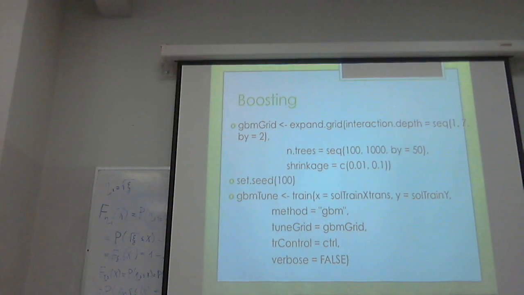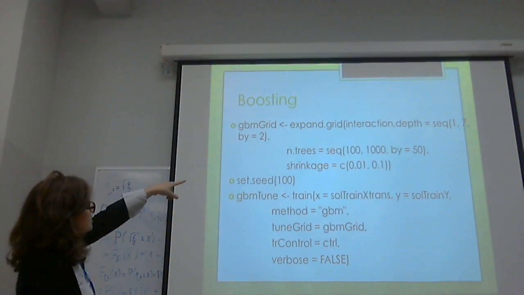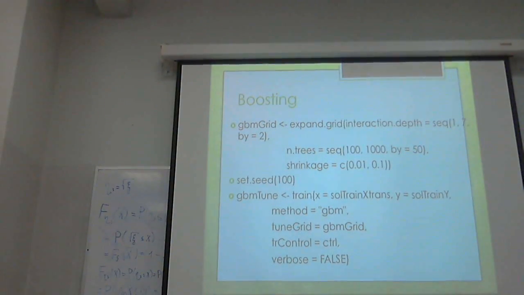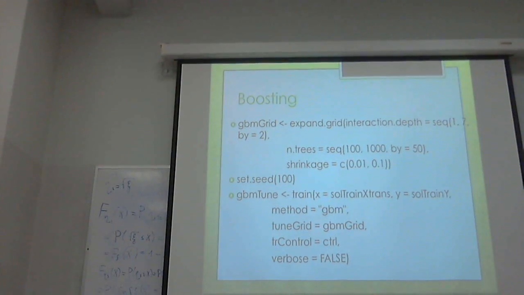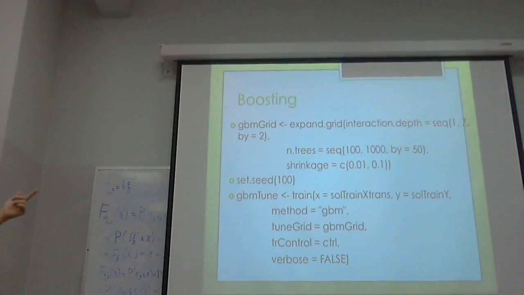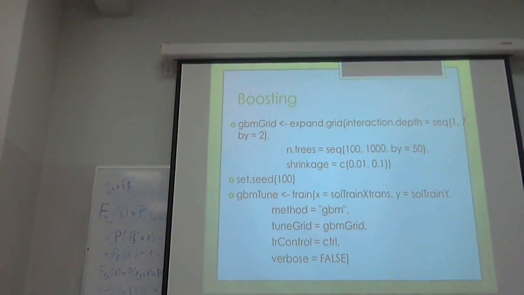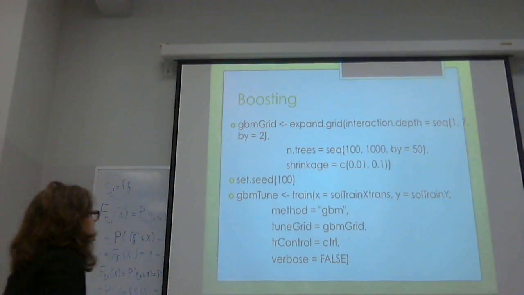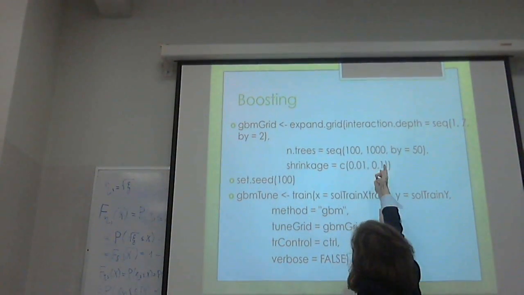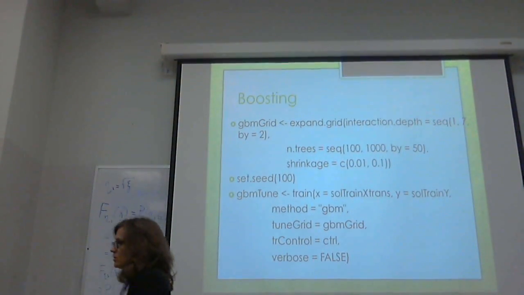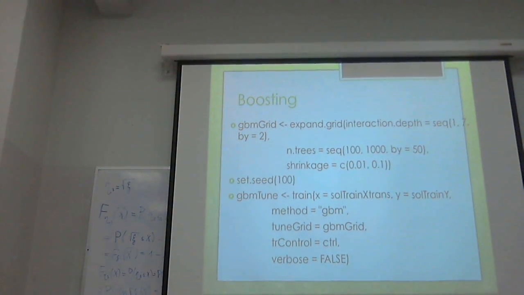Keep it small, because guys, it will never finish with all this tuning grid. We have to try it with just one parameter: one interaction depth, number of trees, something like 100. Let's use shrinkage like 0.1, or you can try both, or try either or.